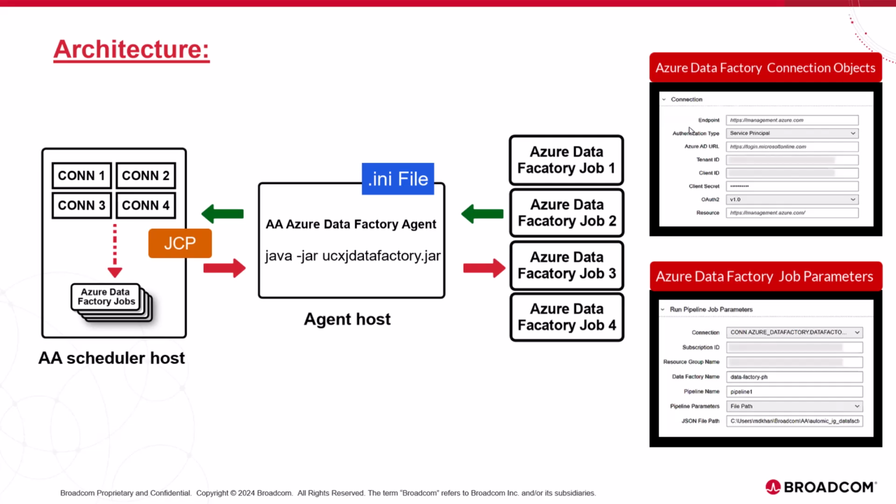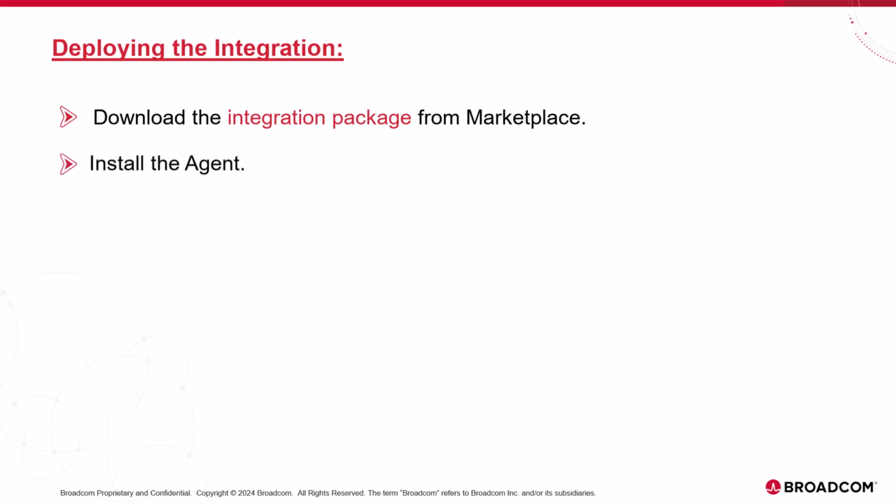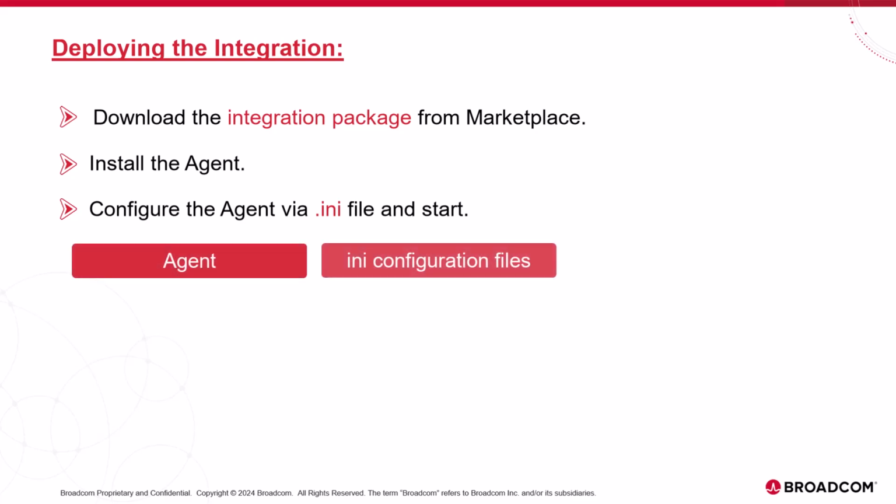non-cloud processes. The procedure to deploy the Azure Data Factory integration is as follows. First, we download the integration package from Marketplace. This package contains all the necessary elements. We unzip this package, which produces a directory containing the agent, the INI configuration files, and several other items, like the start command.